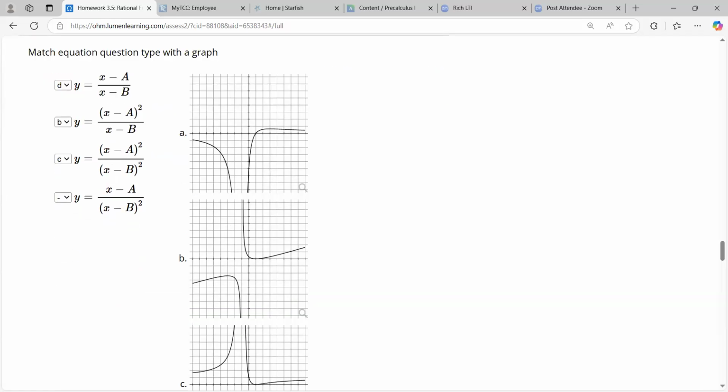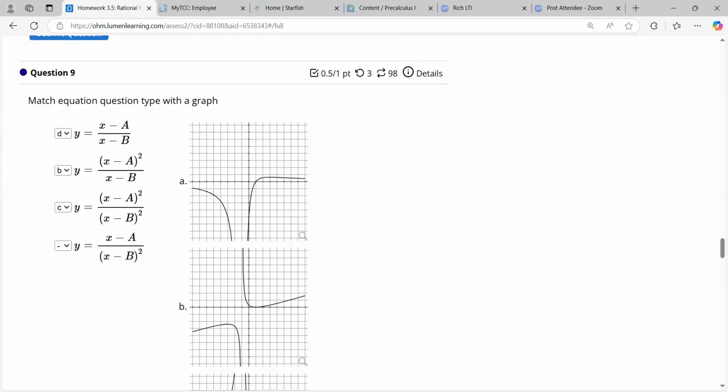And the last one, the vertical asymptote happens at x equals b. Anybody can tell me what's the horizontal asymptote? When the numerator has degree 1 and the denominator has degree 2, what's the horizontal asymptote? 0. Yeah, y equals 0, the x-axis, right?